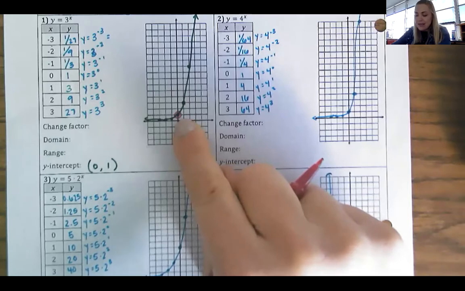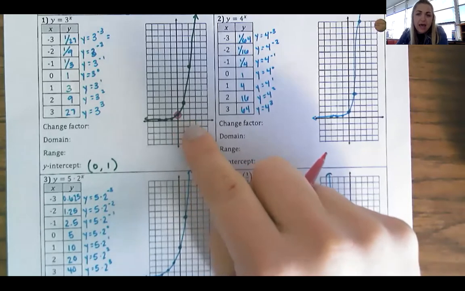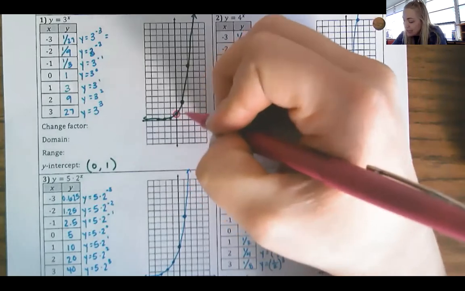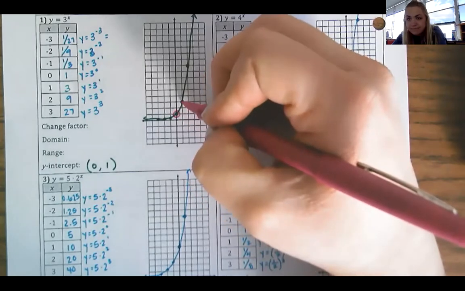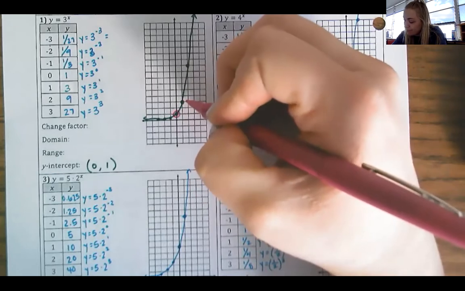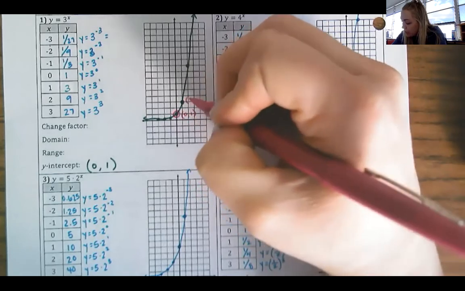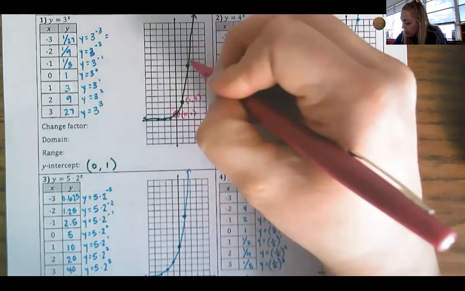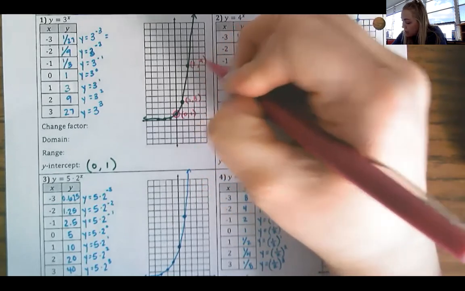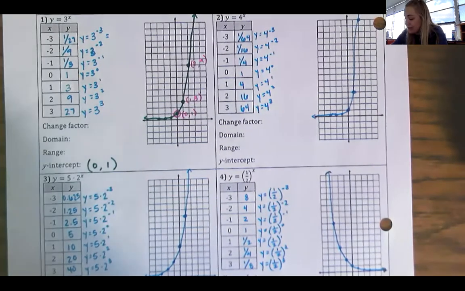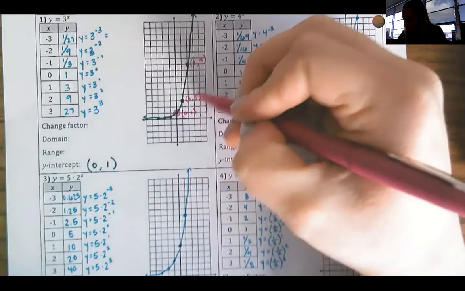Okay, so then what's happening here? How do I get to the next dot? Well, this dot is up 1 space. Do you see how the next dot is up 3 spaces? So this was 0, 1, and then we had 1, 3, and then we had 2, 9. What's that pattern there? We keep going to the right 1 space, but then the y value goes from 1 to 3 to 9.